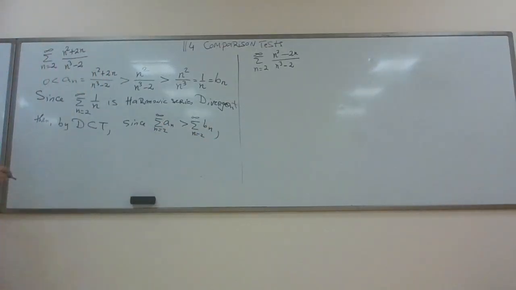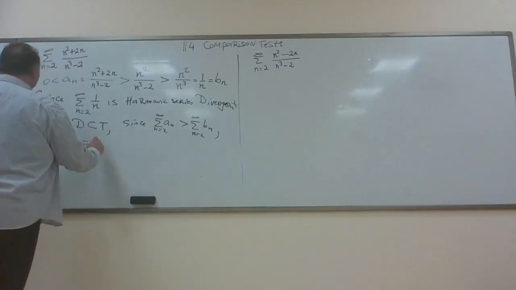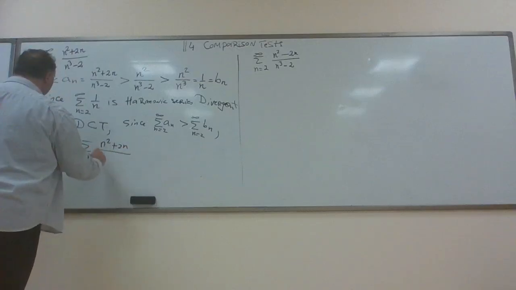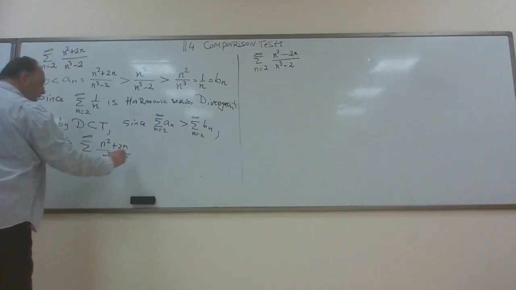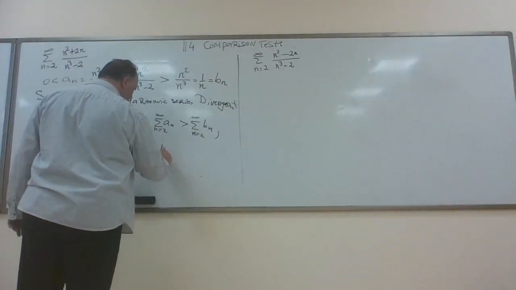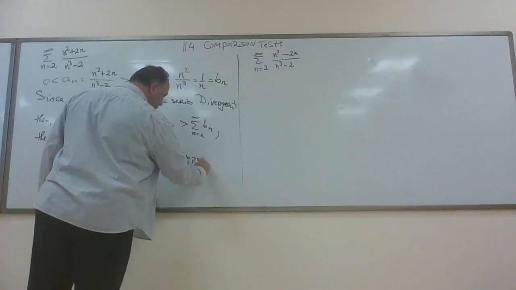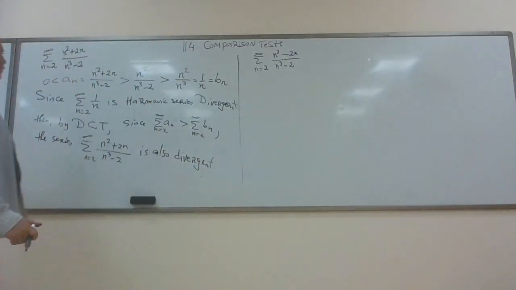Then by direct comparison test, the original series, n squared plus 2n over n cubed minus 2, is also divergent. So this one was useful and we are able to conclude.